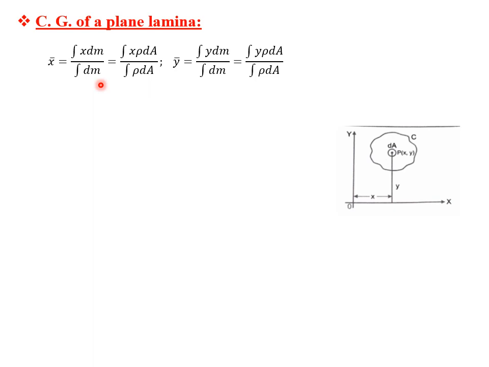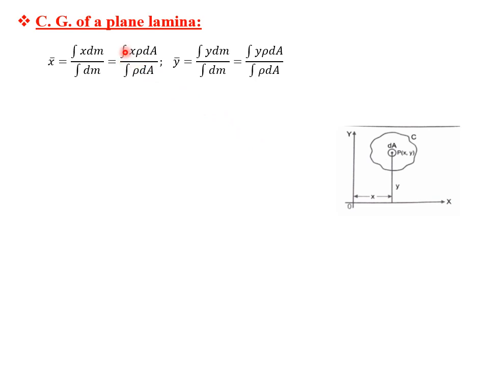these with this formula. x bar is equal to integration of x dm upon integration of dm. Now here, as we are talking about a plane lamina, this dm is nothing but the mass. Mass is equal to density into the area of this lamina, and here we are considering dA as the elementary area of this small area, okay, which we are going to integrate.